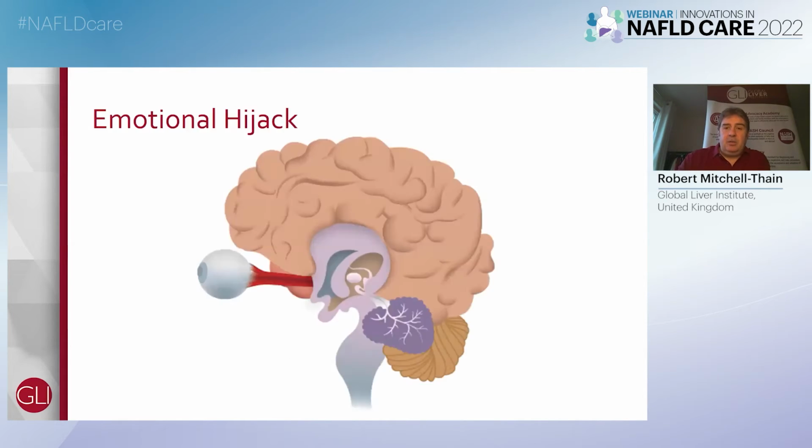Because when we hear words like, oh, you could do with losing a few pounds, or you just need to get some exercise, all of those kind of things elicit what we call an emotional hijack. So when you look at this picture of the brain, you've got what we'd call the cognitive part of the brain up the top, and then just underneath in the purple and in that kind of brown walnut area is our emotional brain. So when the doctor says to us, you need to lose a few pounds, or you need to exercise more, we don't think up here in our logical part of the brain, oh, that's sound medical advice, I think I'll go and do that.